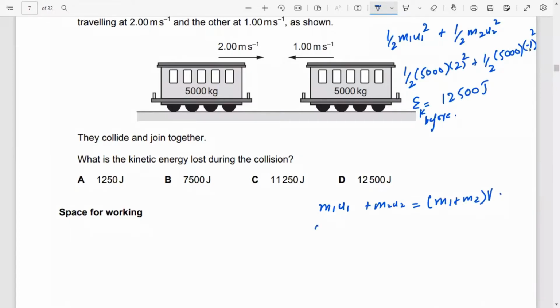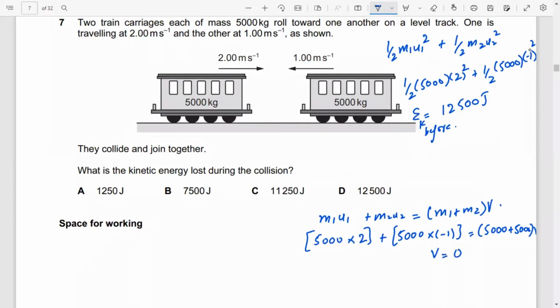Now m1 is 5,000, u1 is 2, m2 is 5,000 and u2 is -1, is equal to 5,000 plus 5,000 into v. v निकाले, 0.5 आता है, आप करके देखेंगे, it would be 0.5, right? ठीक है, 10,000 minus 5,000 over 10,000 is 0.5.